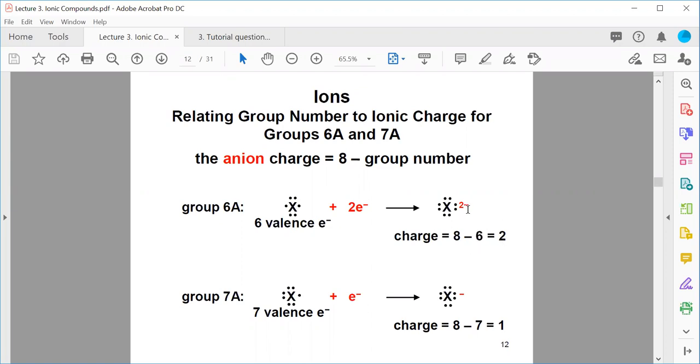So hence the 2 negative charge. Group 7A elements, very reactive halogens, as you know. They have 7 valence electrons. They want 8 valence electrons, so they tend to scavenge a single electron, and this confers a single negative charge on the ion. We know what that charge is because simply 8 take away 7 equals 1.